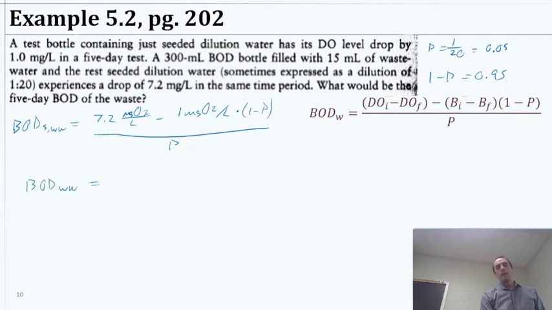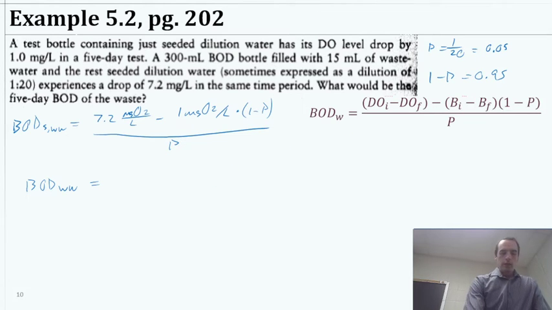Okay, so anyway, the dilution itself had 1 milligram per liter of oxygen drop. So that's just 1 here, 7.2 minus 1, but that 1 is times 0.95. So that's going to be 7.2 minus 1 times 0.95, all of that then divided by 0.05.